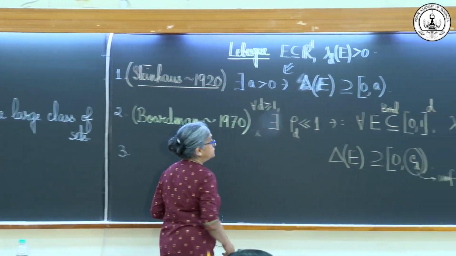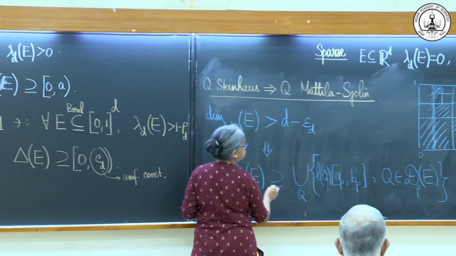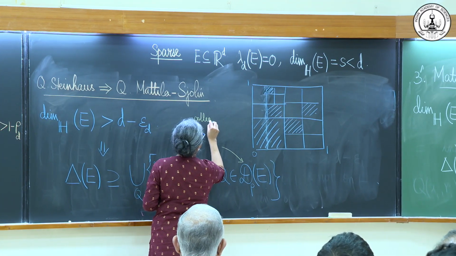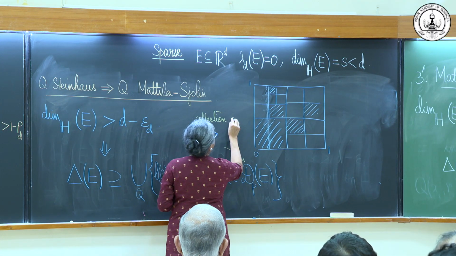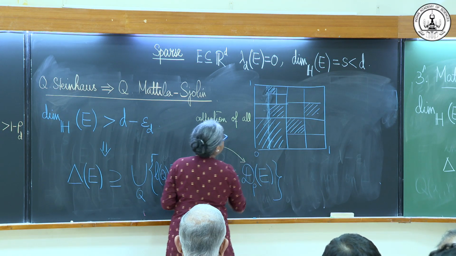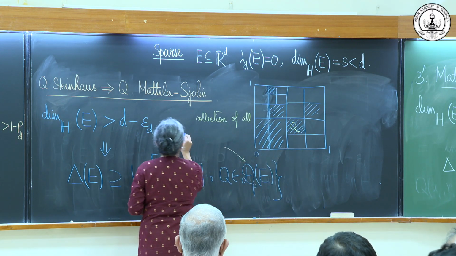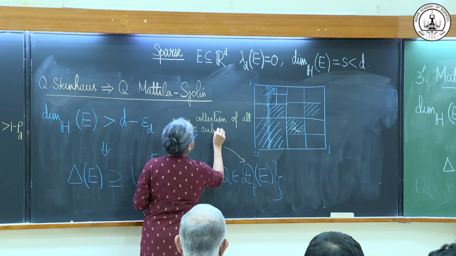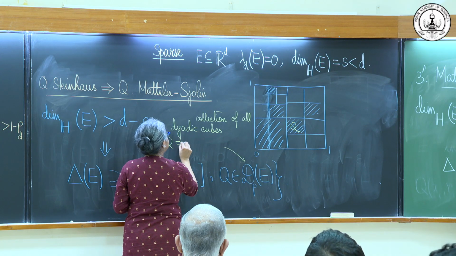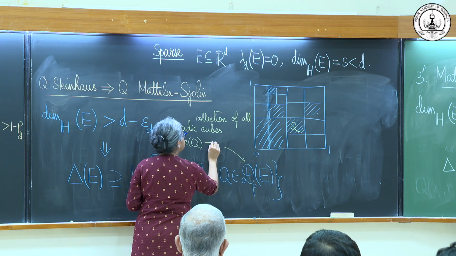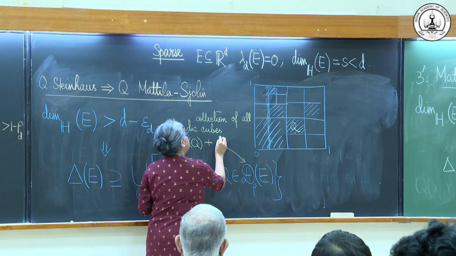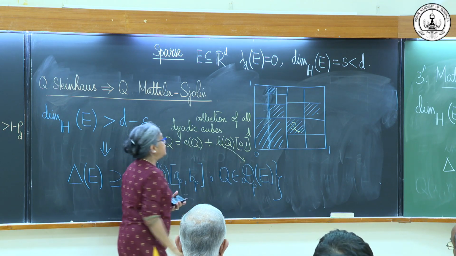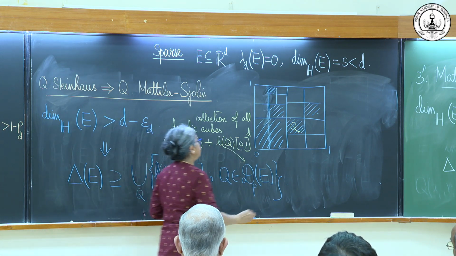So D_rho, this is the collection of all cubes Q, all the dyadic cubes Q, and the left-hand endpoint of the cube is called the c of Q, and the length of the cube is called l of Q. And what are these dyadic cubes being chosen based on?